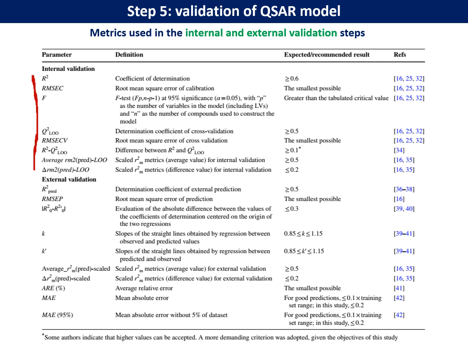For external validation, you identify new indicators in the test set. They also show you the expected and recommended results, for how your model can pass this test.